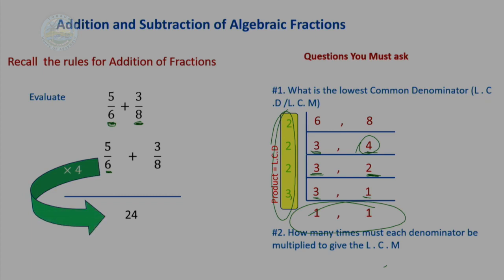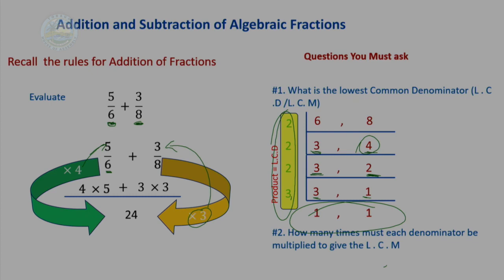So we take that 4 and multiply it by the numerator, so it's going to be 4 multiplied by 5. Plus, how many times can I multiply 8 to give me 24? 8 times 3 is 24. So we take this 3 and multiply by the numerator, so it becomes 3 times 3.